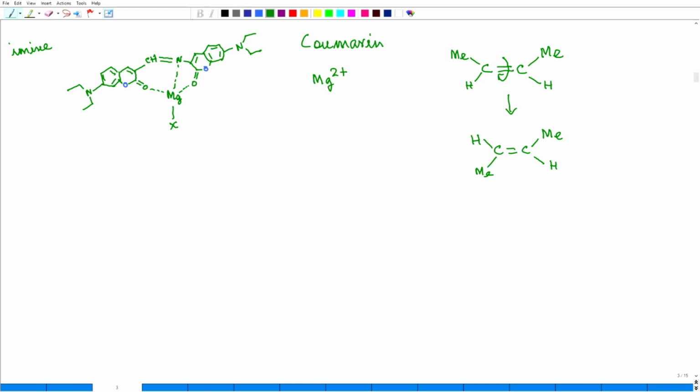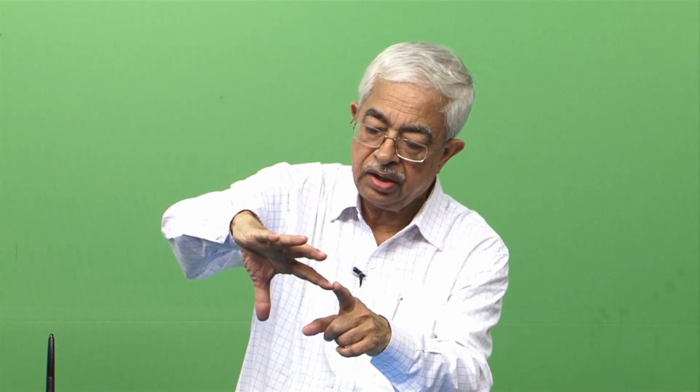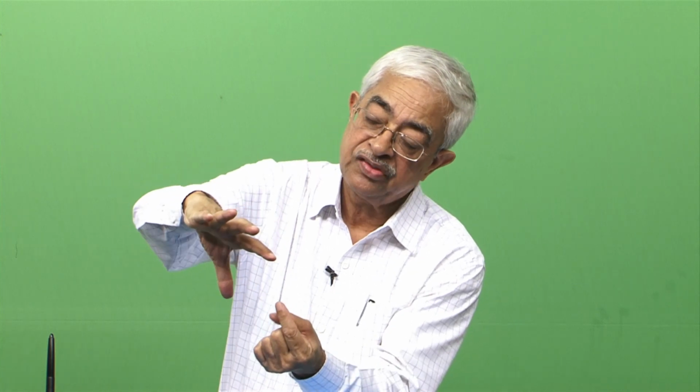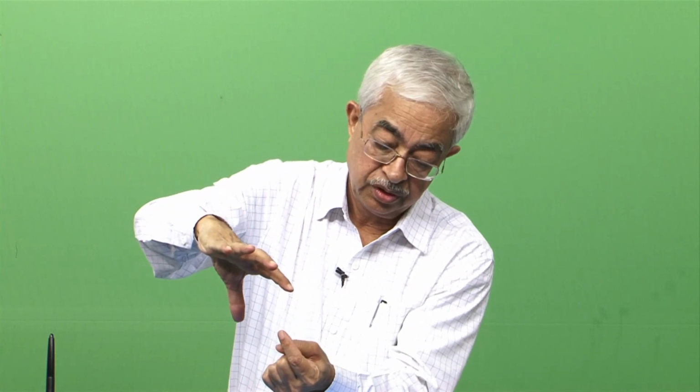Now, if I excite this molecule, because magnesium is already holding this, let us see if I can explain to you. This is oxygen, and magnesium is bound here.